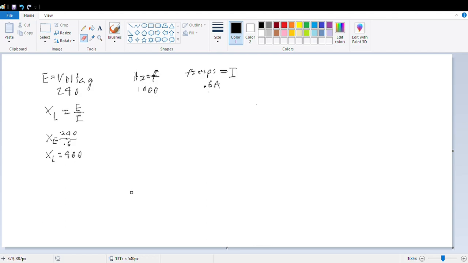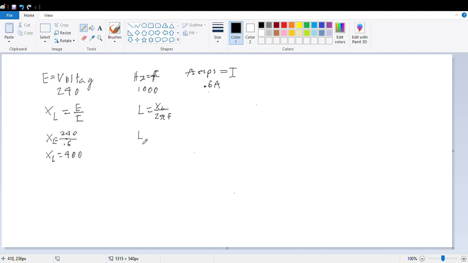So anyways, we now have X sub L. So there's another formula that we can now use here, and that is L equals X sub L over 2 times pi times F. Well, we have X sub L and we have F, and we know what pi is.